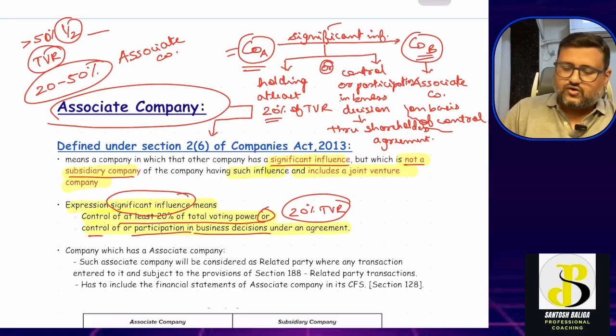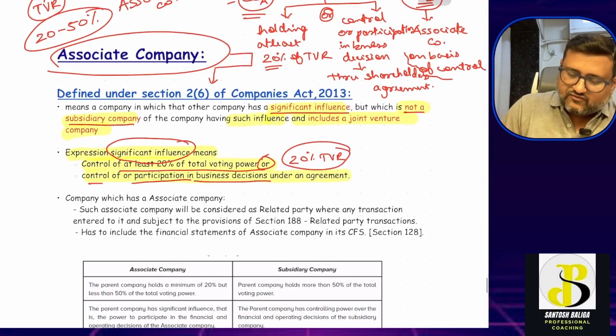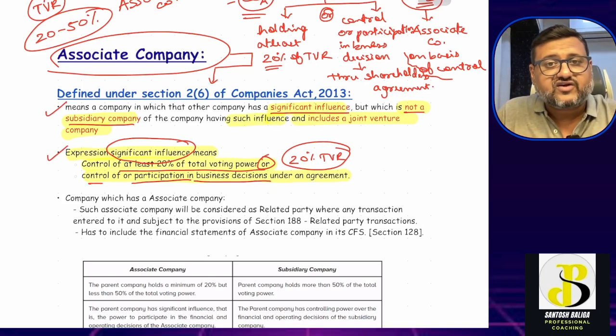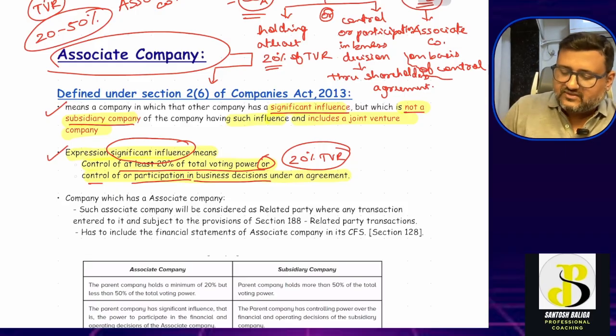Okay, so going back, we have understood the definition, we have understood the expression of significant influence also. Now, if a company has an associate company, in that case, some of the compliances which have to be done are these.